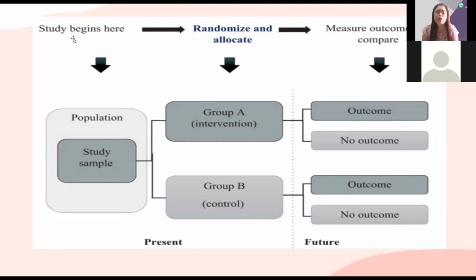Dili ka pwede mo-ingon nga, example nga kay ilaga, 10 kabuok nga ilaga, ang mga puti tanan, mag-receive sa intervention. Katong mga naay mga, di ba, ilaga nga sagol-sagol ang color, puti and then brown, ang itom, we don't use that one in research. So kani sila nga may mga puntik-puntik, sila ang control.